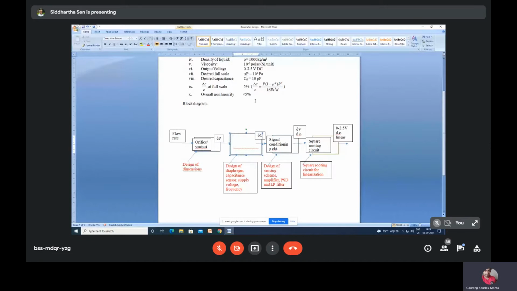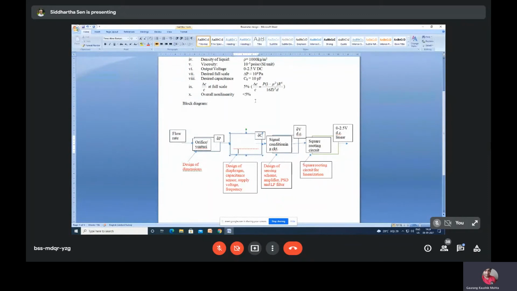The diaphragm can be some sort of polymer with a metallic coating, but you can use stainless steel. That would be easier for you.